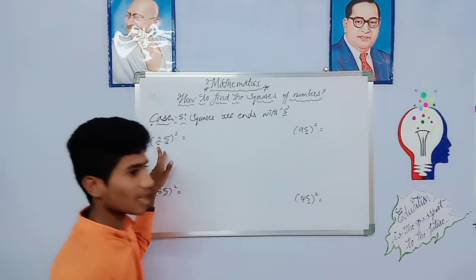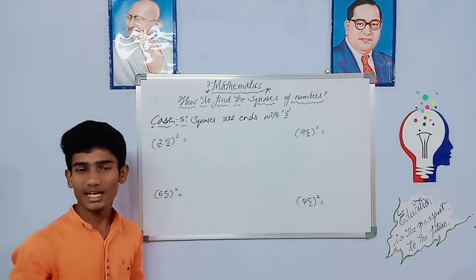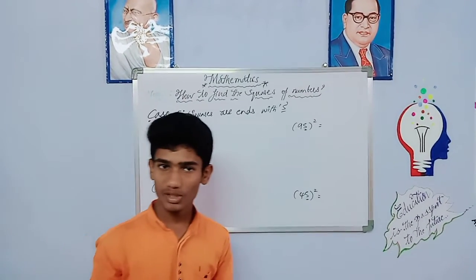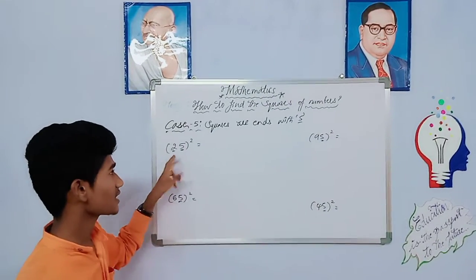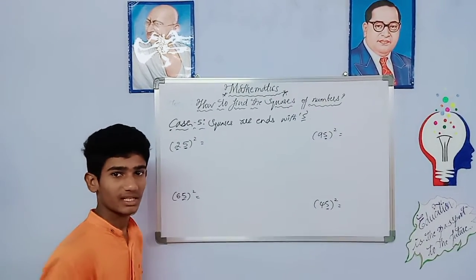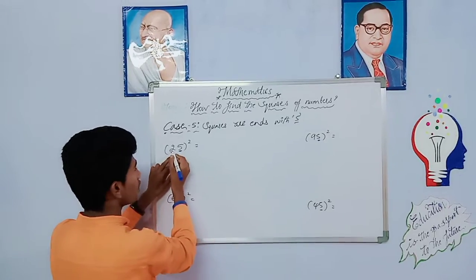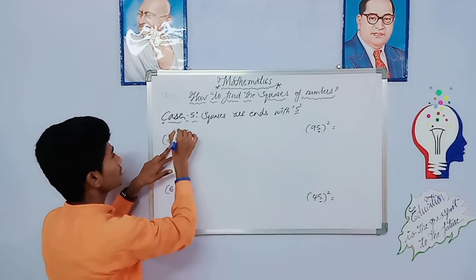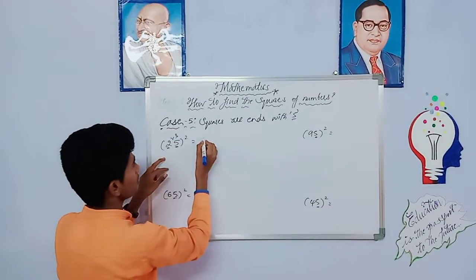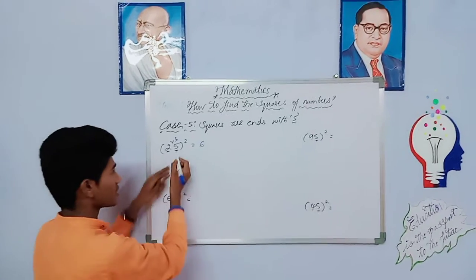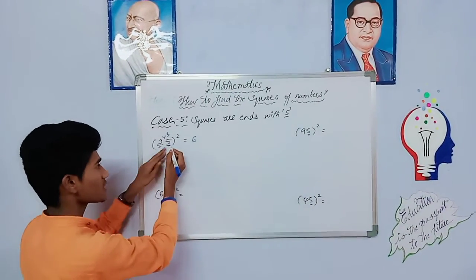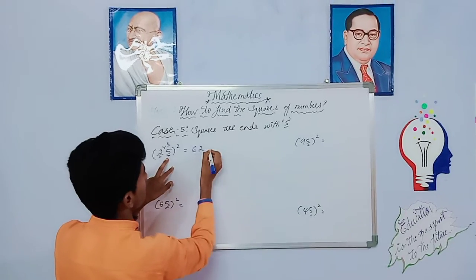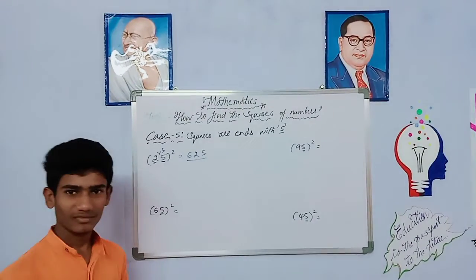What is the next number after 2? 3. Yes or no? 3. That's why you have to multiply 2 into 3. 2 times 3 is 6. Next, square the last digit in the ones place. What is the ones place? 5. So 5 squared is 25. This is the answer.